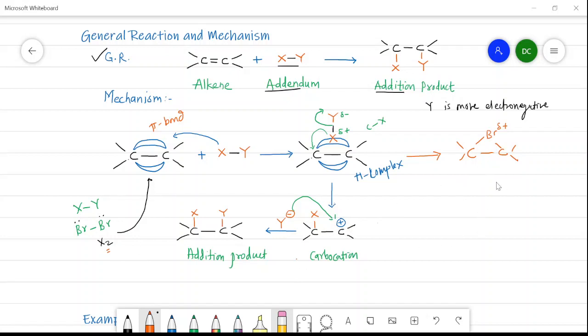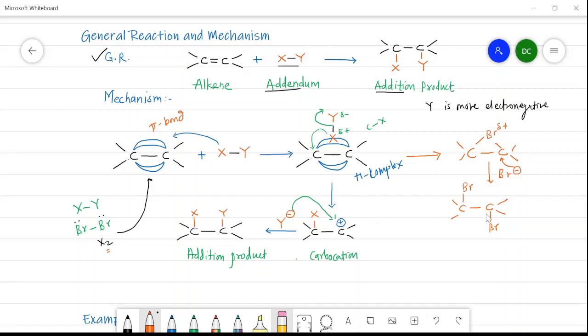a carbocation. And this bromonium ion in the next step reacts with another Br, and it will form a dibromo compound where the addition of bromine takes place from the opposite side. That is, one Br adds from the upper side, whereas one Br adds from the lower side.